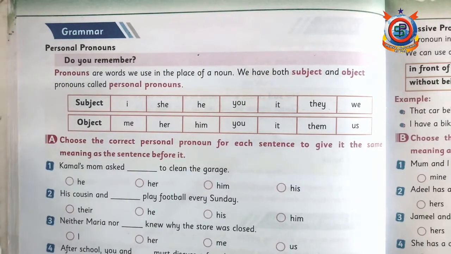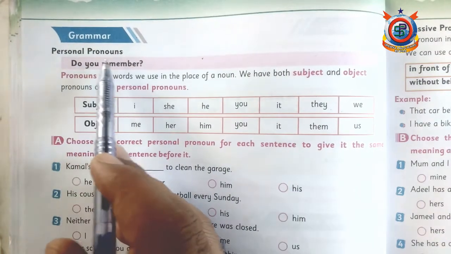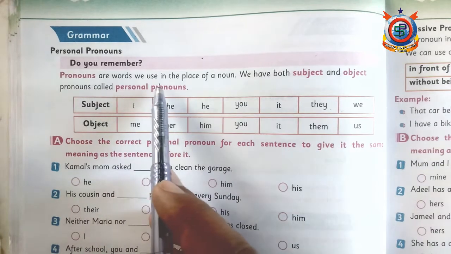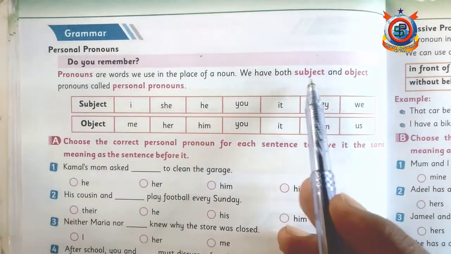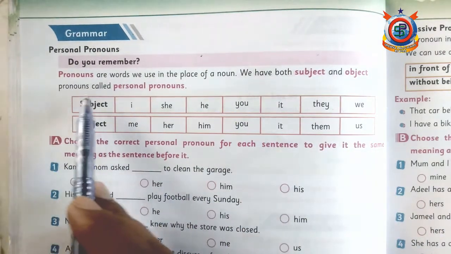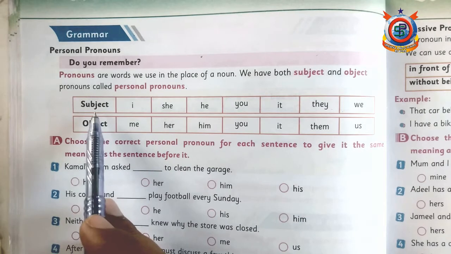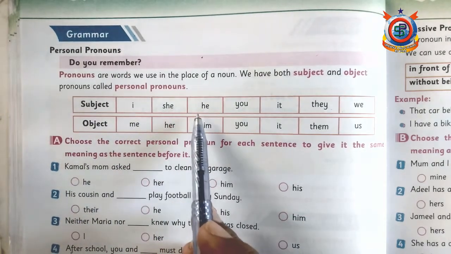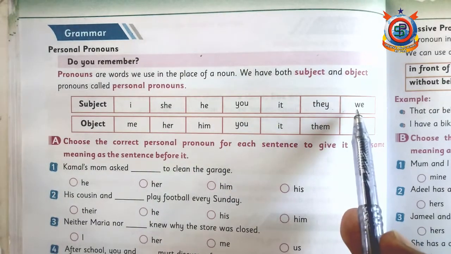Now students, page number 32, grammar. Personal pronouns. Pronouns are words we use in the place of a noun. We have both subject and object pronouns called personal pronouns. Subject pronouns are I, she, he, you, it, they and we.